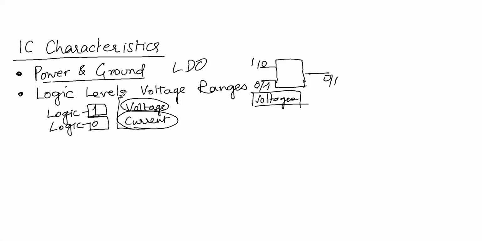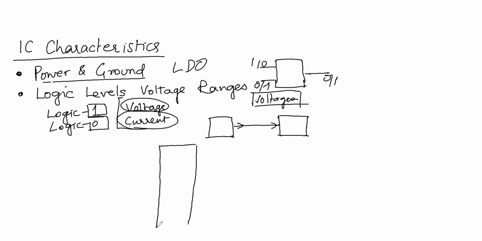Let me take an example. Let's say there is a gate which is driving another gate. This is giving an output, and this output is taken as input. So what should your voltage level typically be when we are talking about these two? This is the voltage range on the two ends. One is output side, another is input side. This is the output side of this gate, and this is the input of this gate.